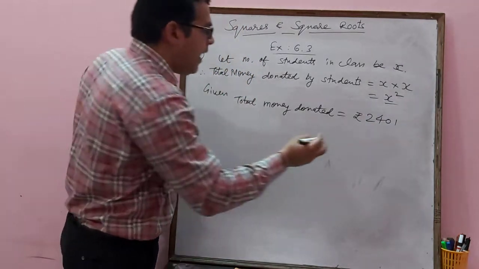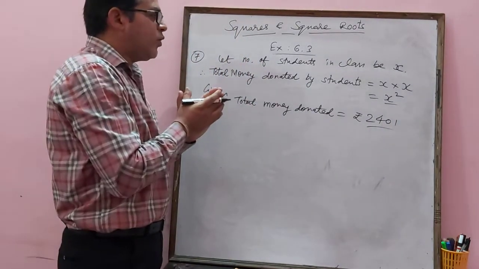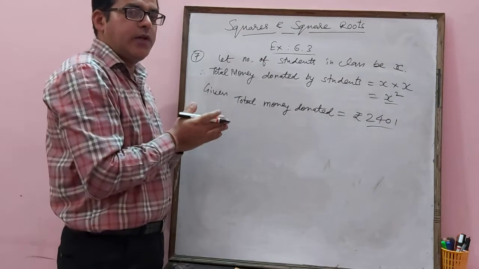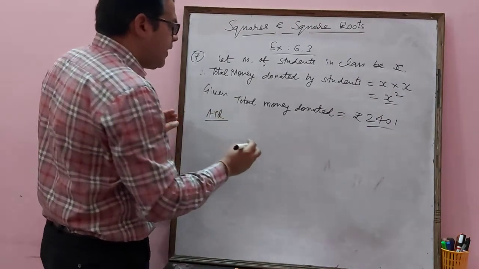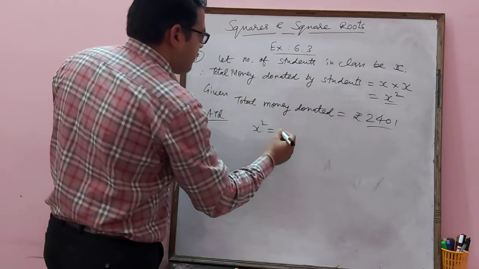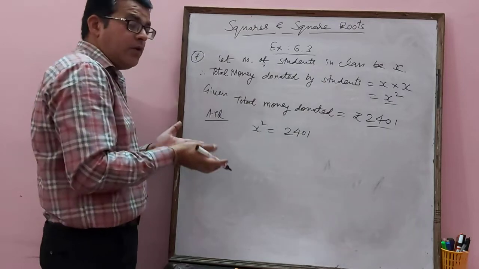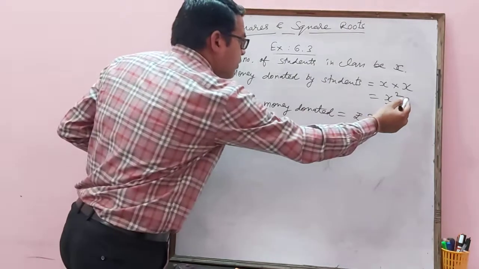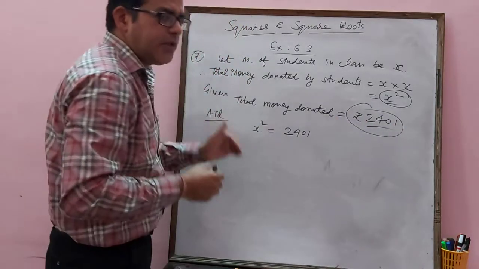Now you can see this is the money that all the students of the class donated, that is x square, and this is also the money that students of class 8 donated. So according to the question, these two amounts will be the same.